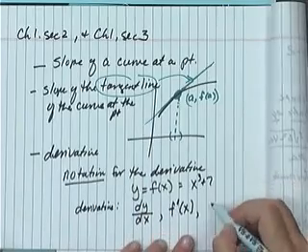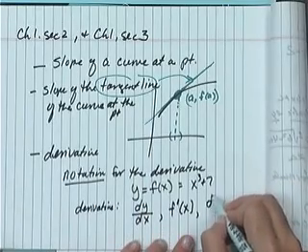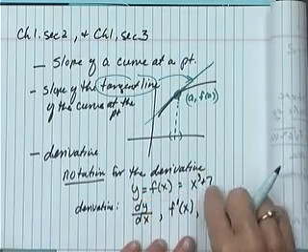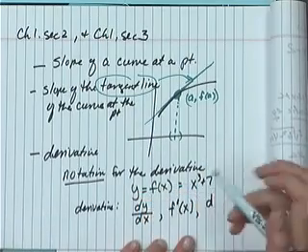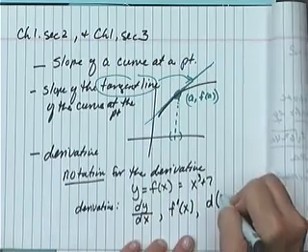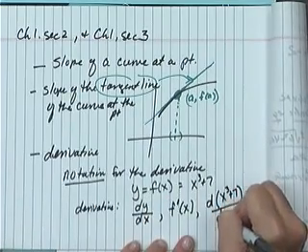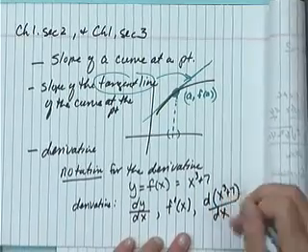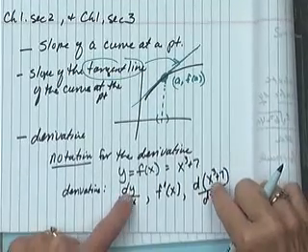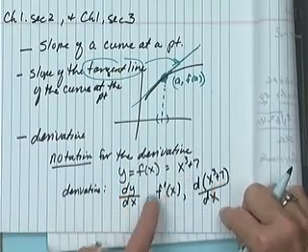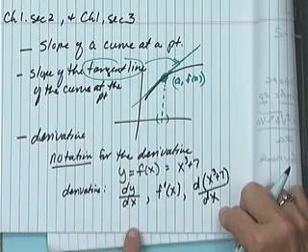Sometimes other notation we see says I'm going to take the derivative, and instead of writing y, I'm going to put what the y actually is. So I would put in parentheses x cubed plus 7 over dx. So instead of putting y, I state what the function y is and then put it over dx.